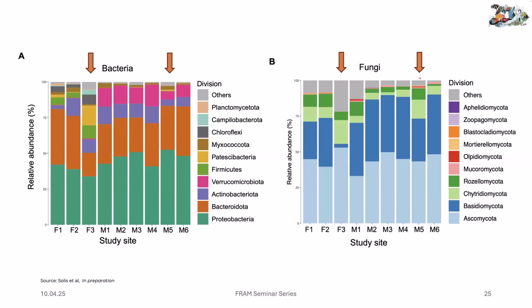And a similar idea with the bacteria. So generally a very similar pattern between the marine sites, while really specific changes here at the top in red, particularly in some groups for the fungi.